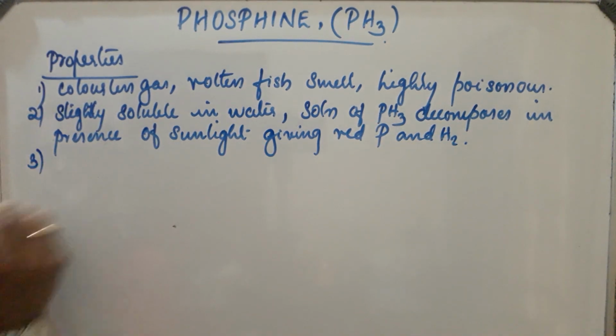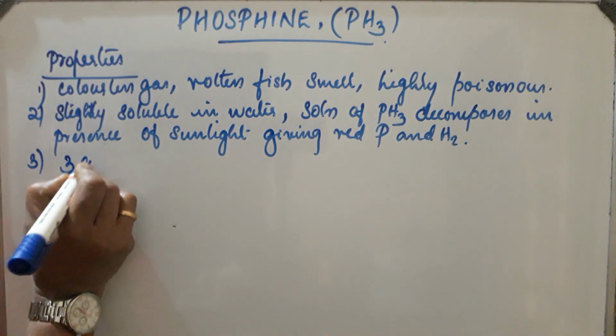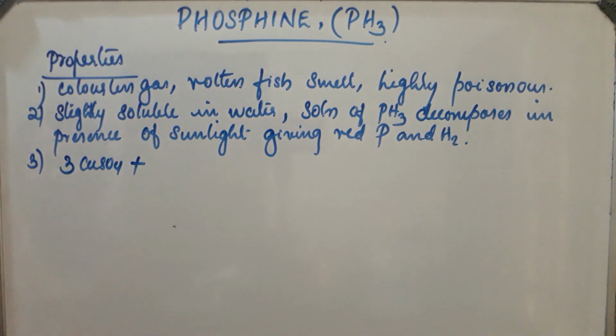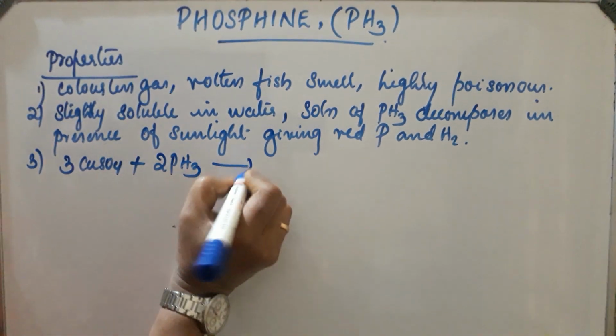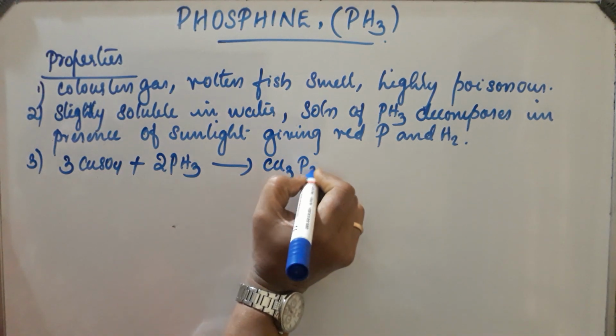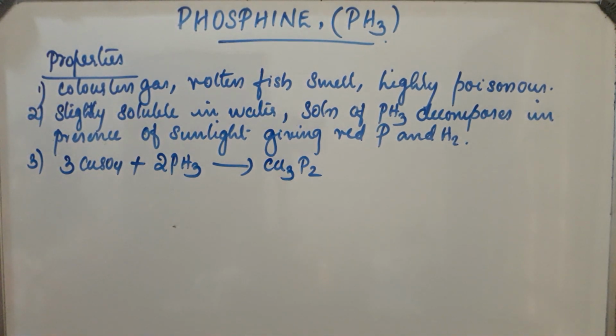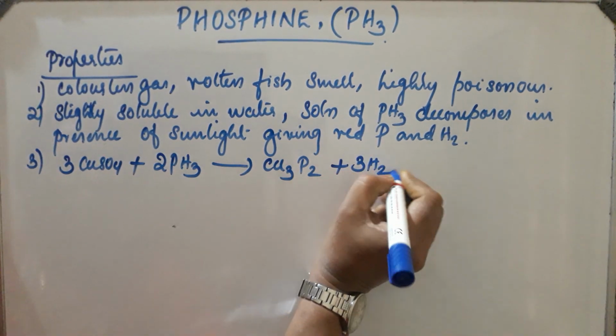Now, third point: when absorbed in copper sulfate or HgCl2, mercuric chloride, phosphides are obtained. With copper sulfate, phosphine gives Cu3P2, that is cupric phosphide, plus 3H2SO4.